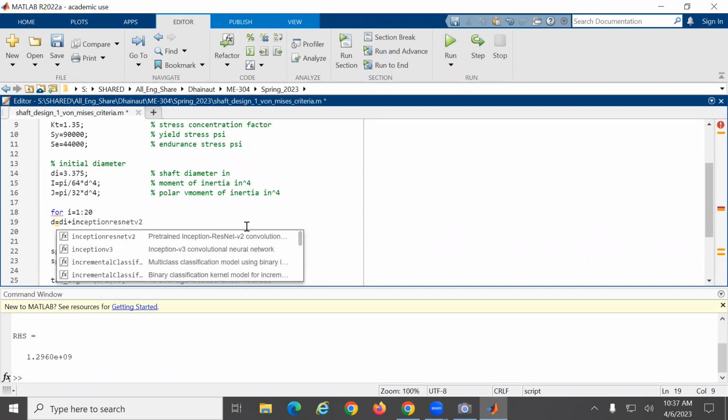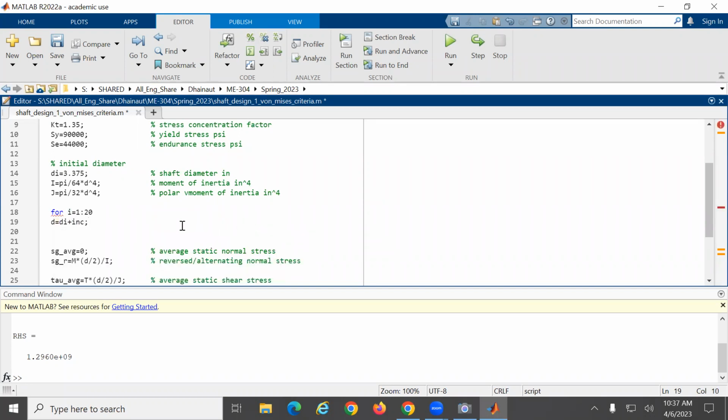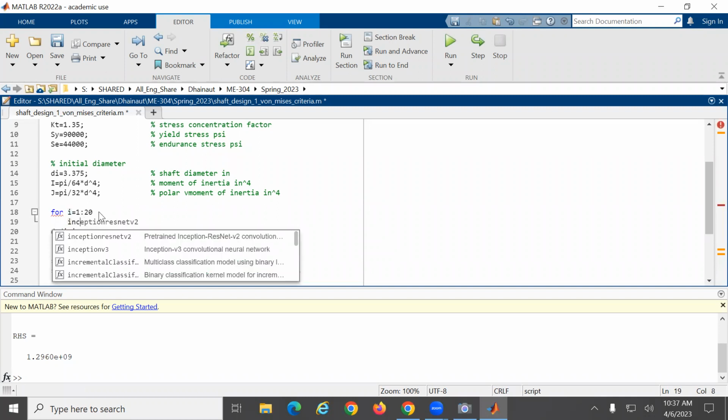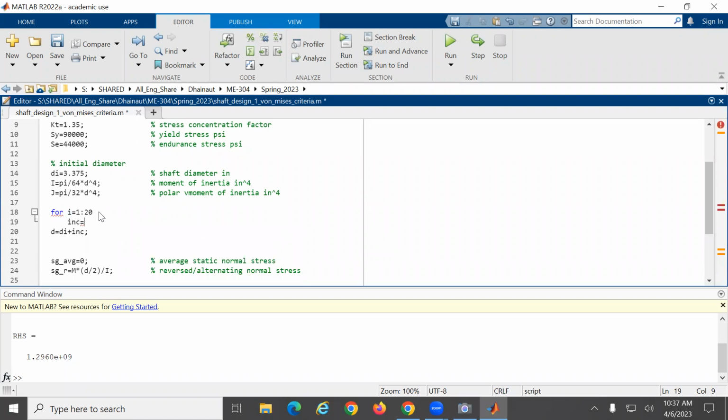Or is there a command called increment? One, whatever, 0.2. 1. Okay.